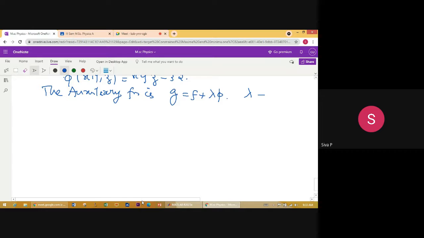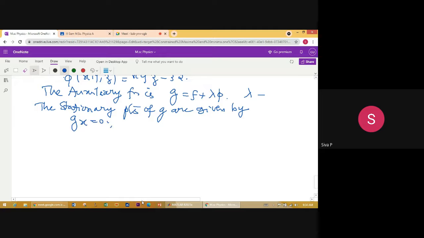So what are the stationary points here? The stationary points of g are given by gx equal to 0, gy equal to 0, gz equal to 0.